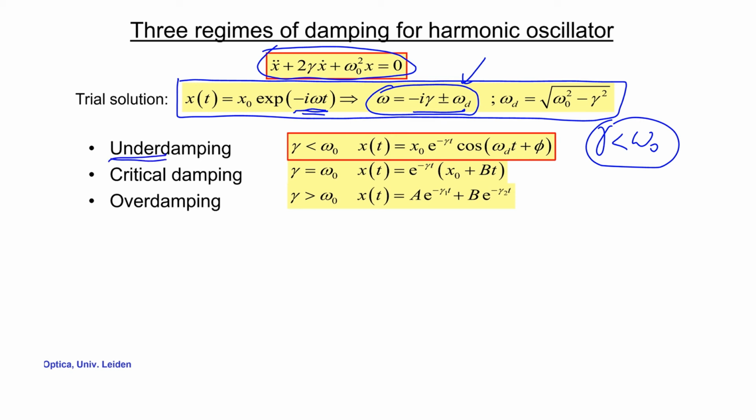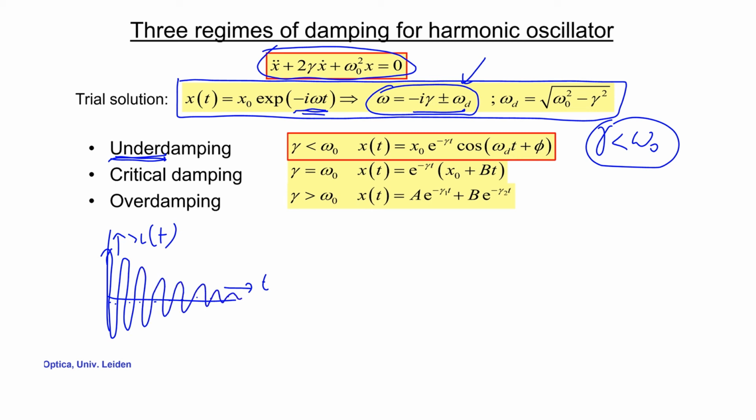So that's the underdamped regime. In the underdamped regime, if you look at the displacement of the harmonic oscillator from equilibrium as a function of time, you see it's just like a harmonic oscillator, but the amplitude is damped. And the other two regimes are critical damping, where gamma is equal to omega 0, or overdamping, where gamma is even bigger.